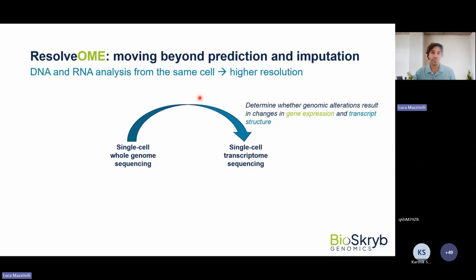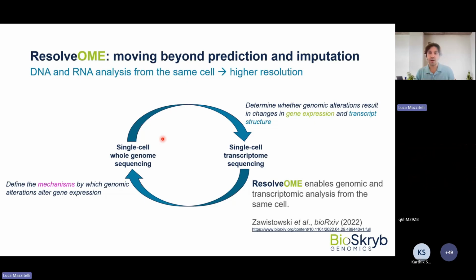And what that means is that we are able to have a better resolution. We can determine whether genomic alterations can result in a change in gene expression or even in the transcript structure.